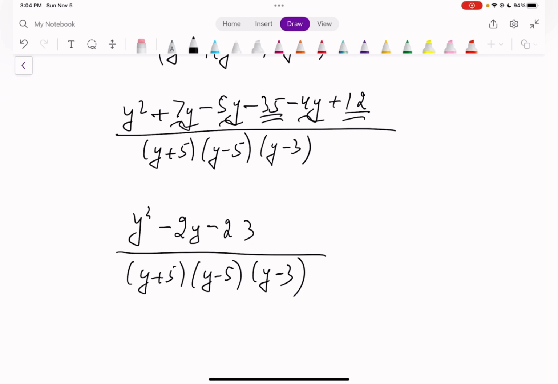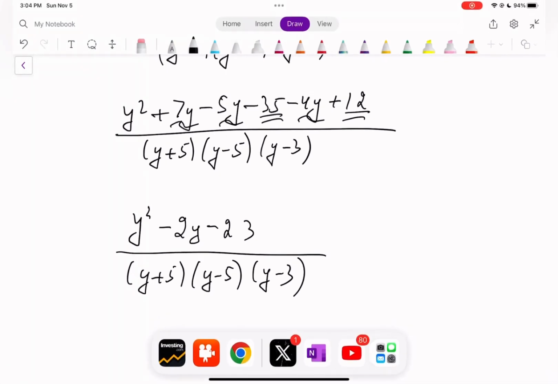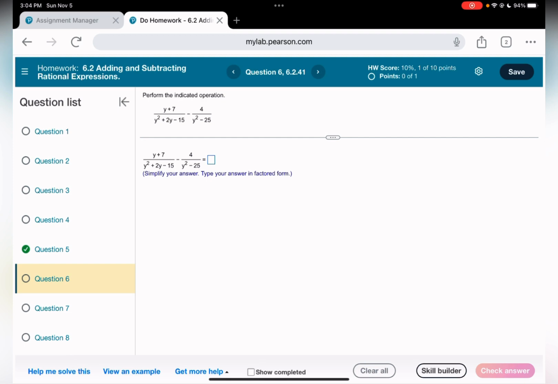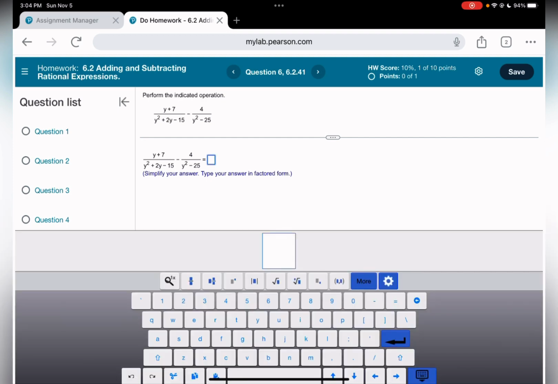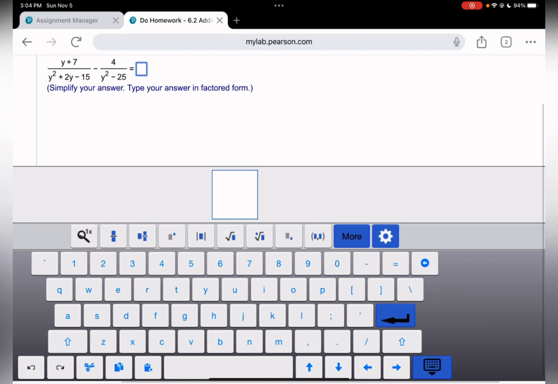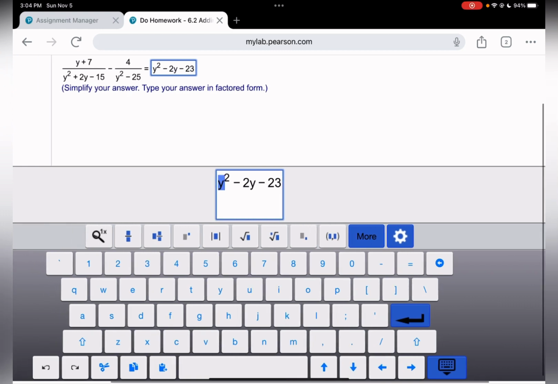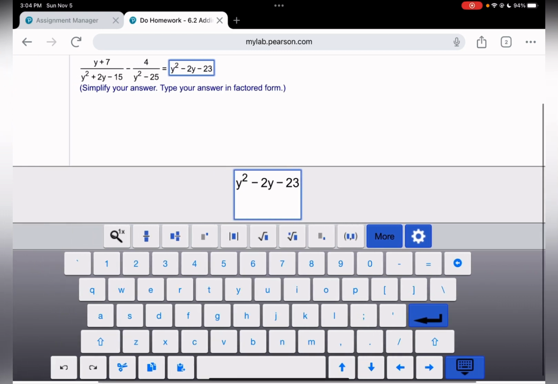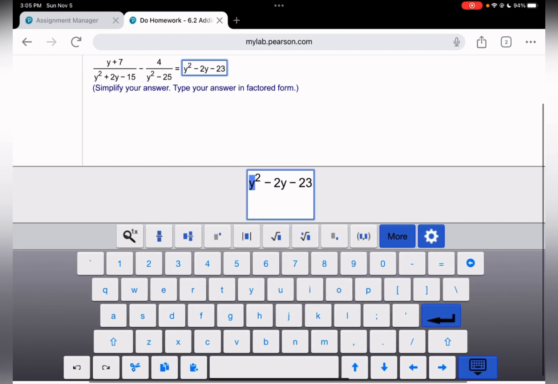Now I'm taking a picture of this answer so I can plug it in. It's going to be y squared minus 2y minus 23. Let me, it's moving my screen with it.